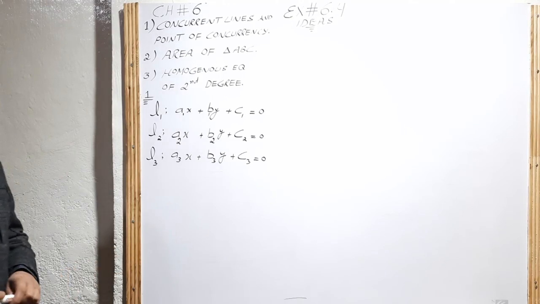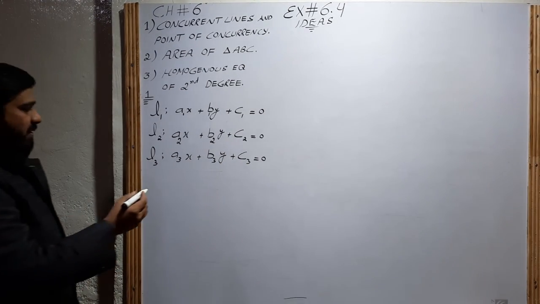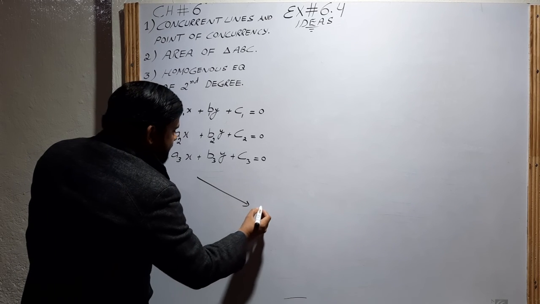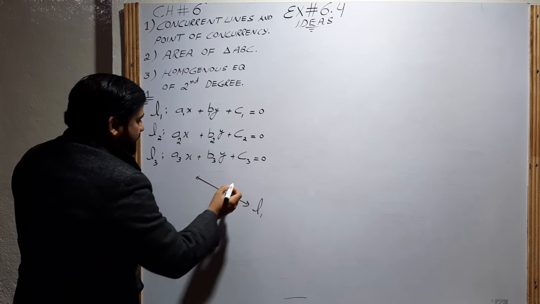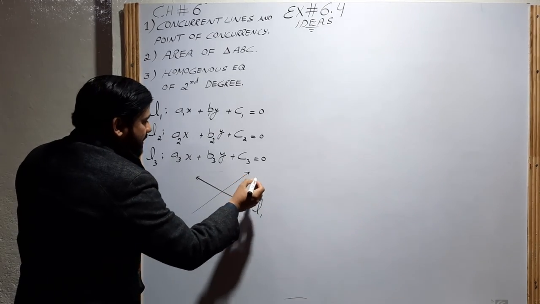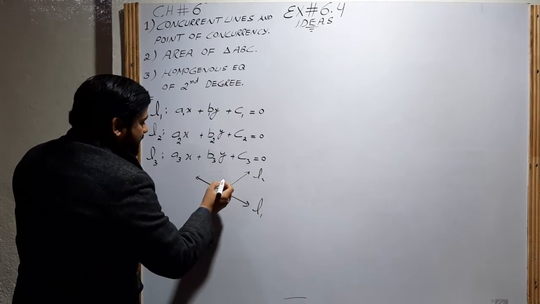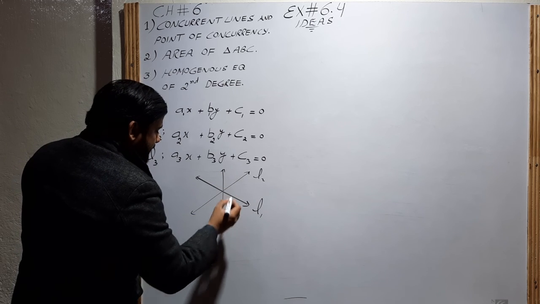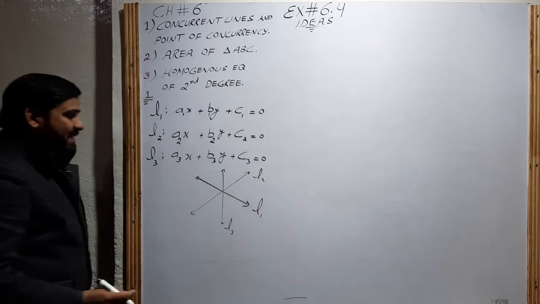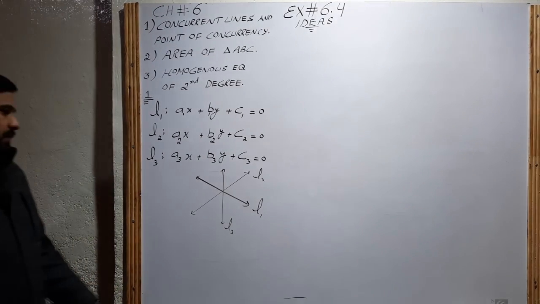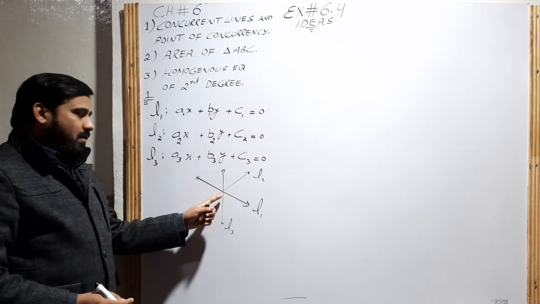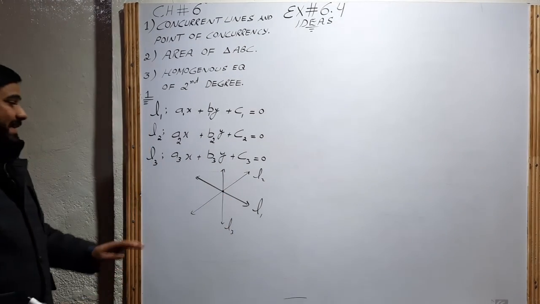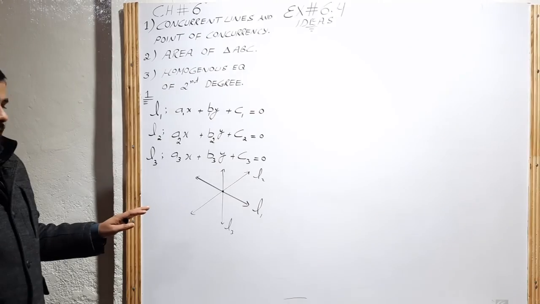These lines are concurrent if, graphically, for example, there is a line L1 and there is another line, say L2, and there is also a line L3. If these three lines pass through a single point, the same point, then these lines are concurrent.